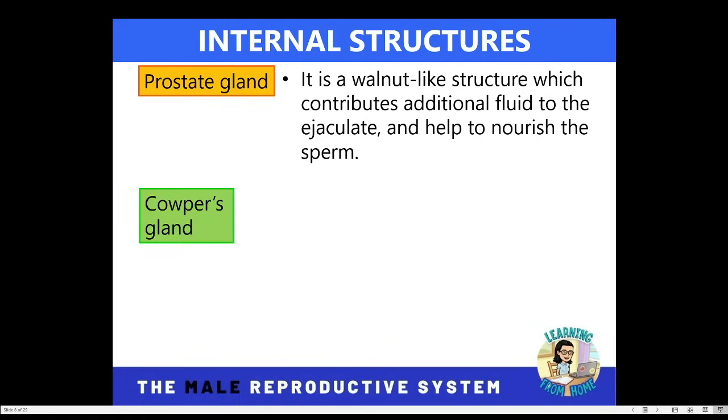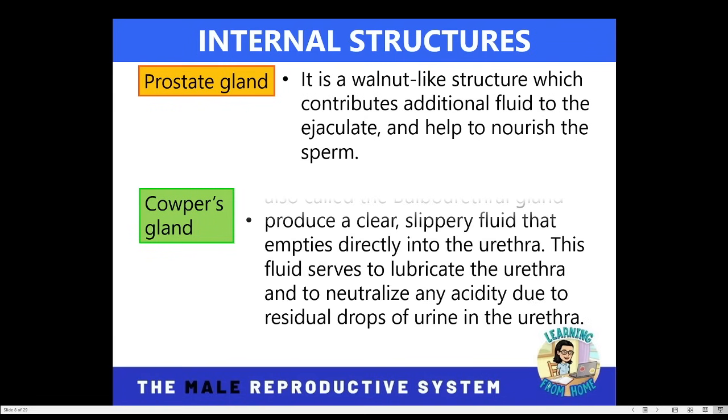And then the Cowper's gland, which we have said a while ago, it is also called the bulbourethral gland. Its function is to produce a fluid that serves as lubrication for the urethra. Why do we need lubrication? This is to neutralize any acidity. Sabi ko nga kanina, diba, the passageway of urine and sperm is the same in the case of males.